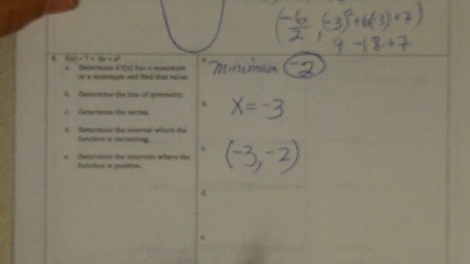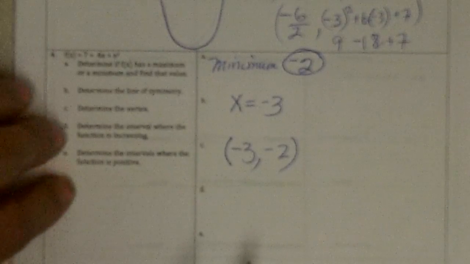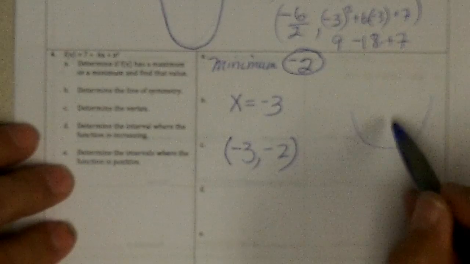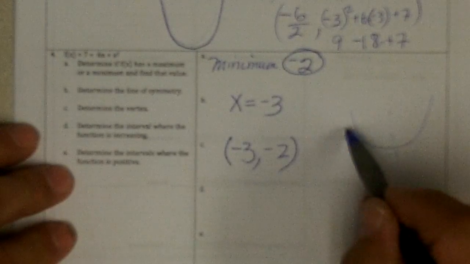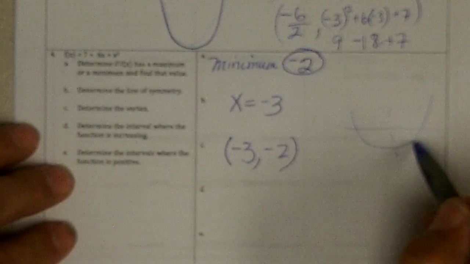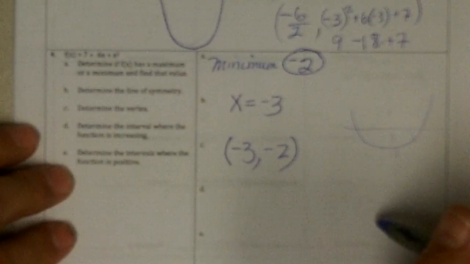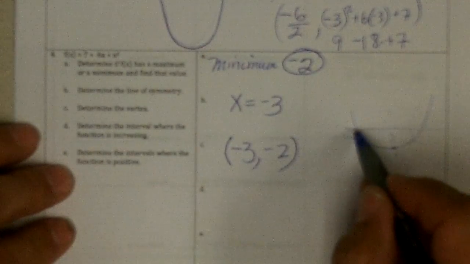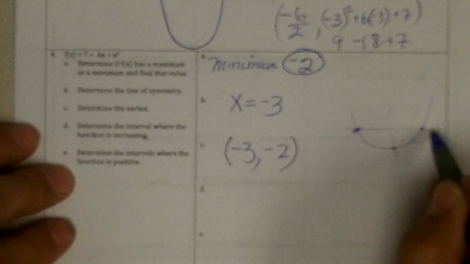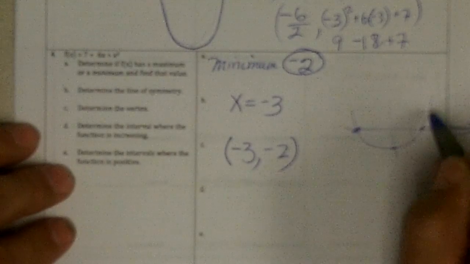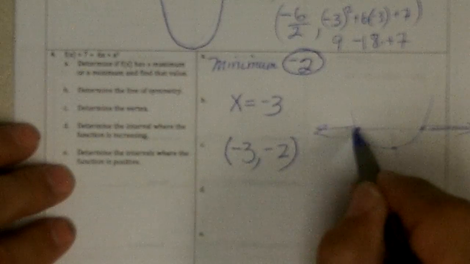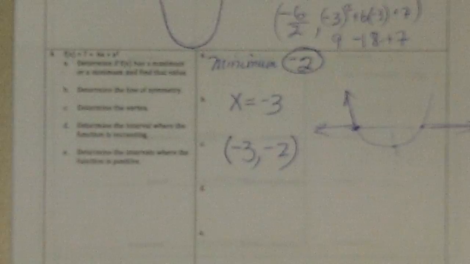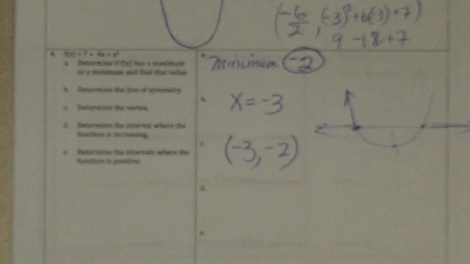All right. So finally, when is it positive? Well, if this is a parabola, it goes like this, and the center line is at minus 3, and it says, when is it positive? Well, it'd be from the x-intercepts that way, it's positive, and this way, for these x's, it's positive. So what are the x-intercepts?